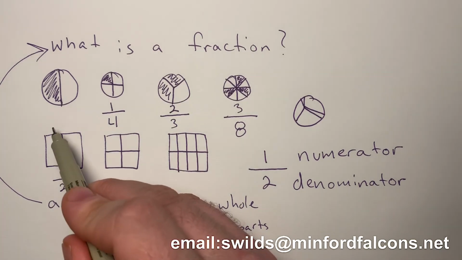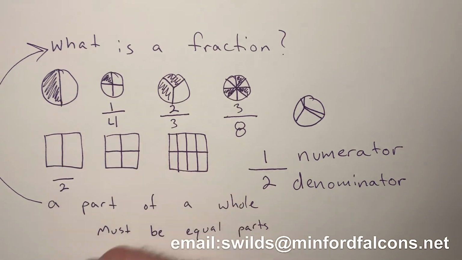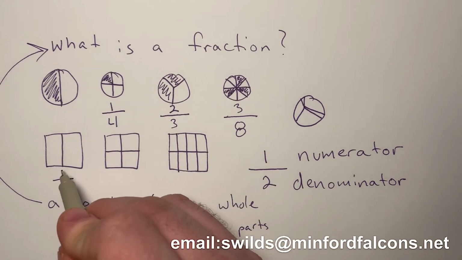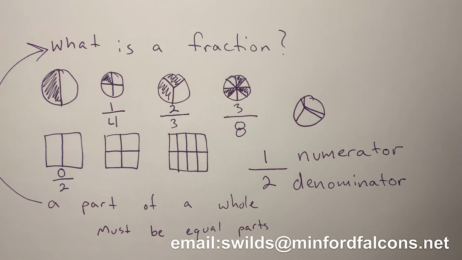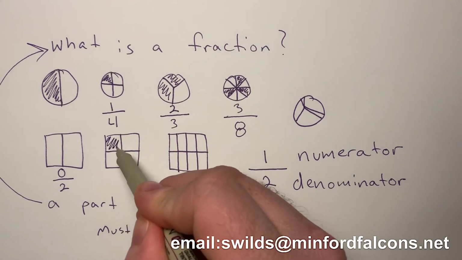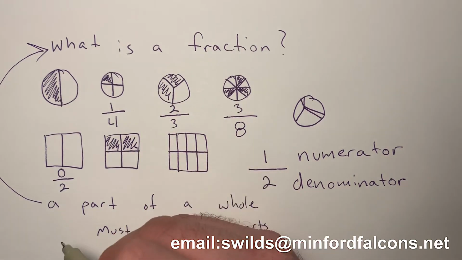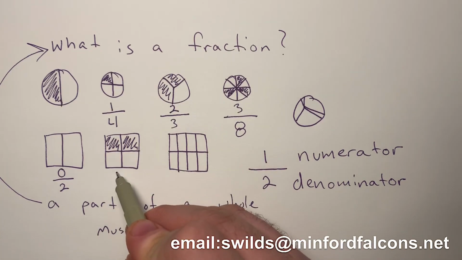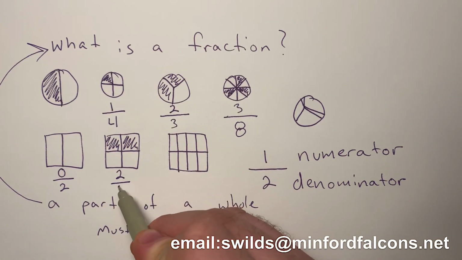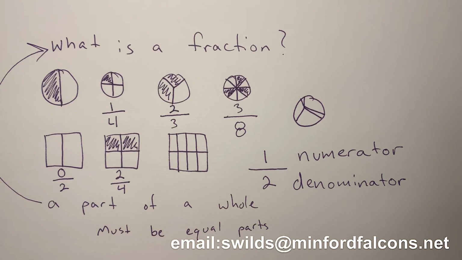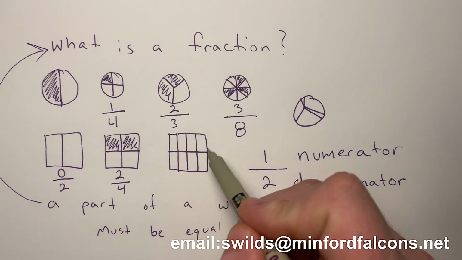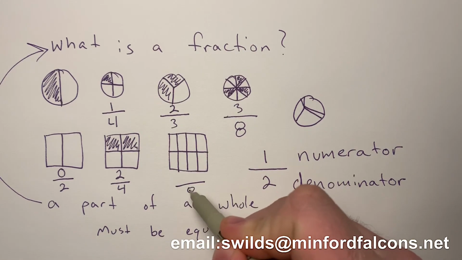And let's say that I don't want to shade any at all. There's none shaded. So it's how many of the whole? 0. Okay, let's say I shade this one in and this one in. What's my fraction here? 2/4 are shaded. And this is broken up into 8ths because there's 8 parts.